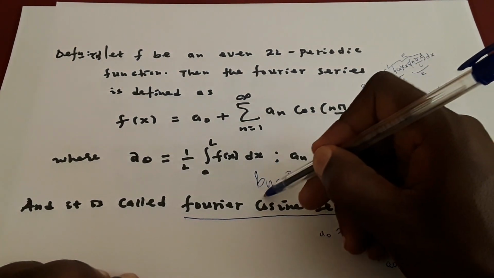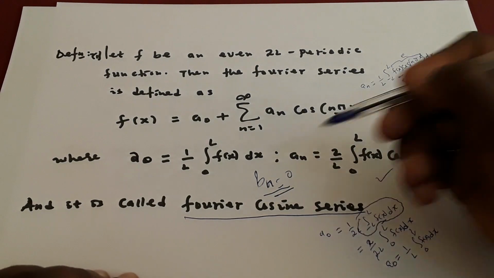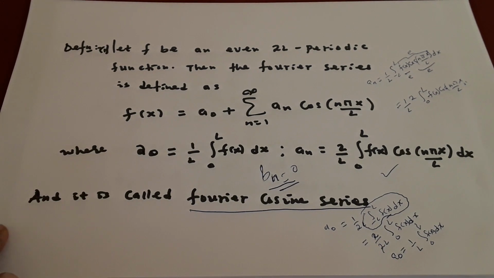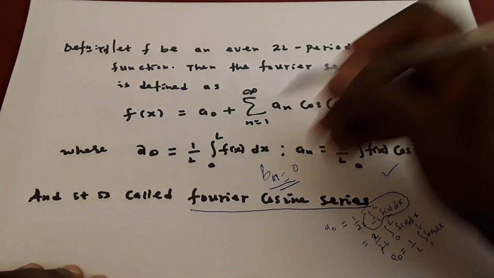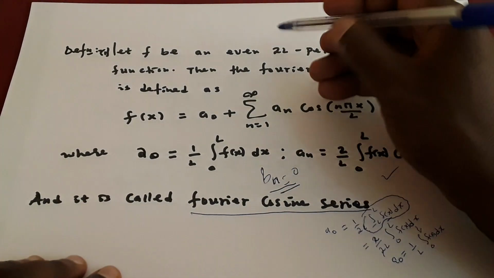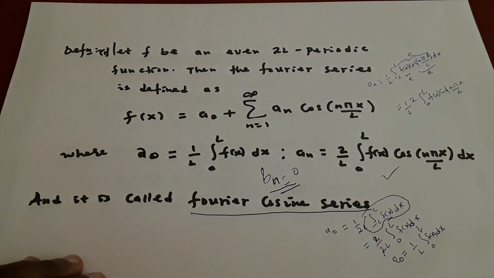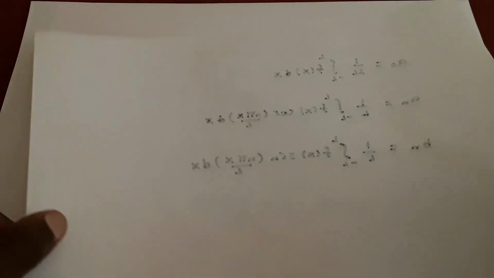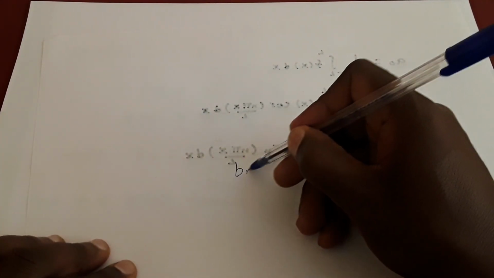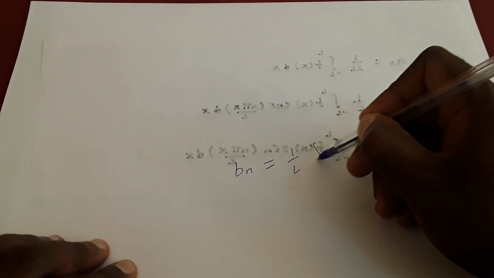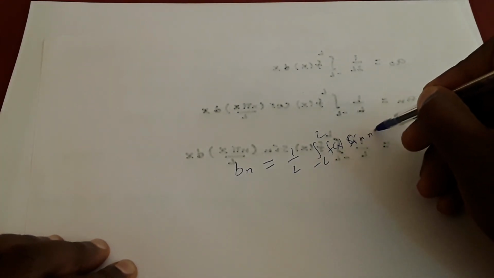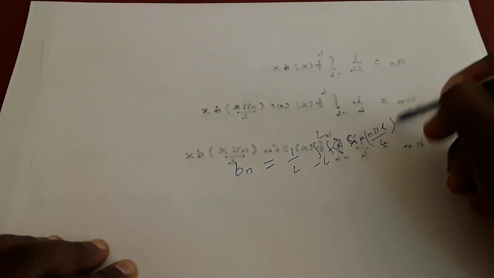And b n in this case is 0. There is no need to compute b n if the function is even, or if you extend it to an even function. This results from the formula: b n is 1 over L from minus L to L of f of x sine of n pi x over L dx.